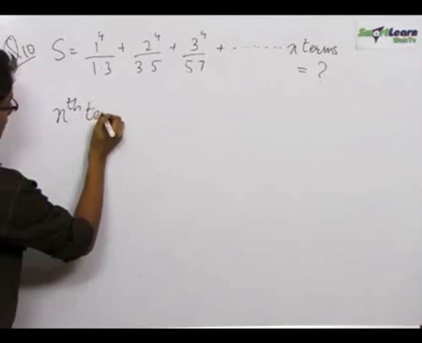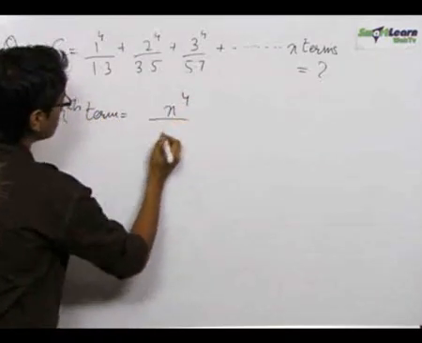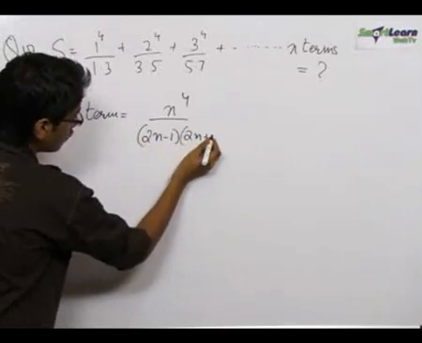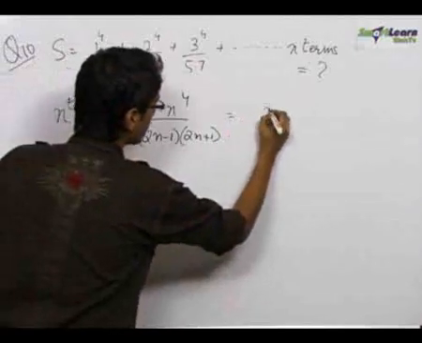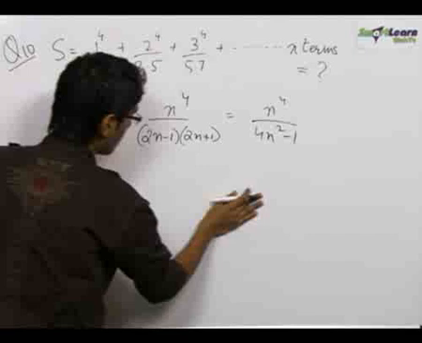The nth term is very clearly equal to n power 4 upon (2n minus 1)(2n plus 1), which can be further written as n power 4 upon 4n square minus 1.